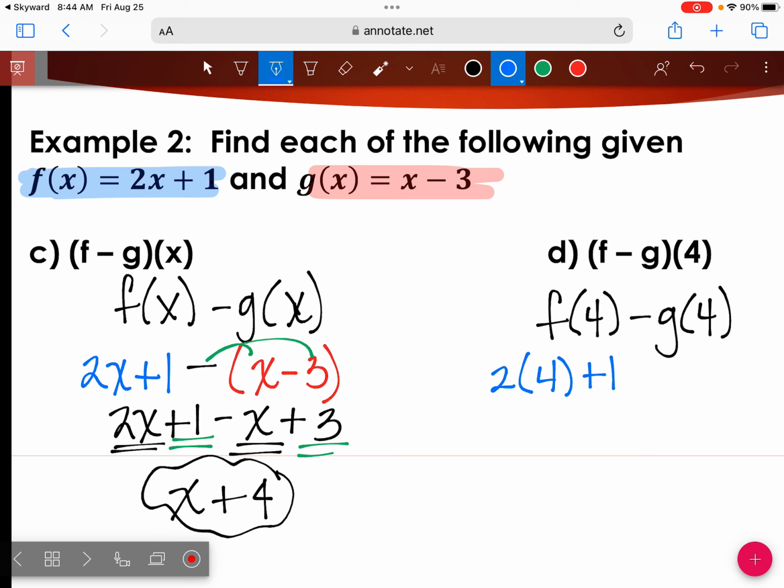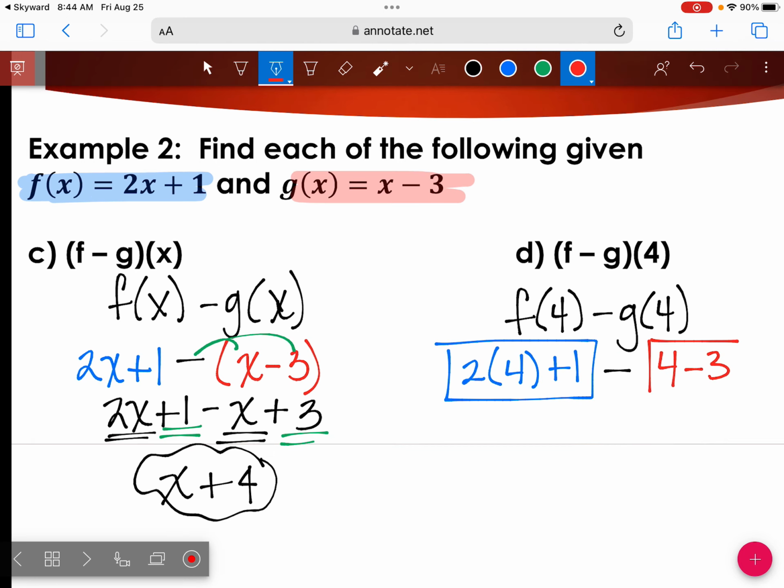And then I'm going to subtract. So this is a number. We need to figure out what we get there. And then subtract from that 4 minus 3, which is also a number. So you're finding out 2 different numbers, and now you're subtracting them.